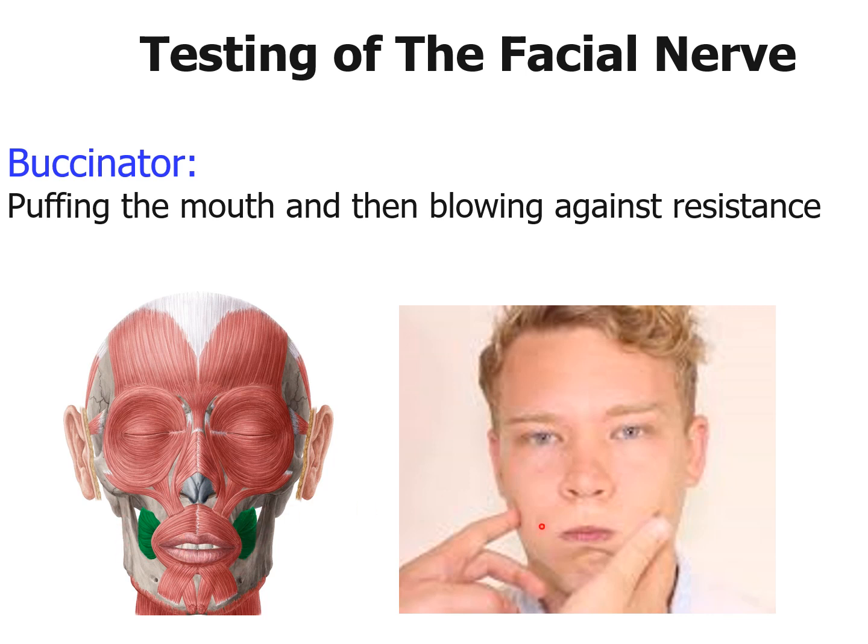So ask the patient to blow out the cheek against resistance, and if they are able to do that, that indicates normal function of the buccinator muscle and shows that the facial nerve is intact.